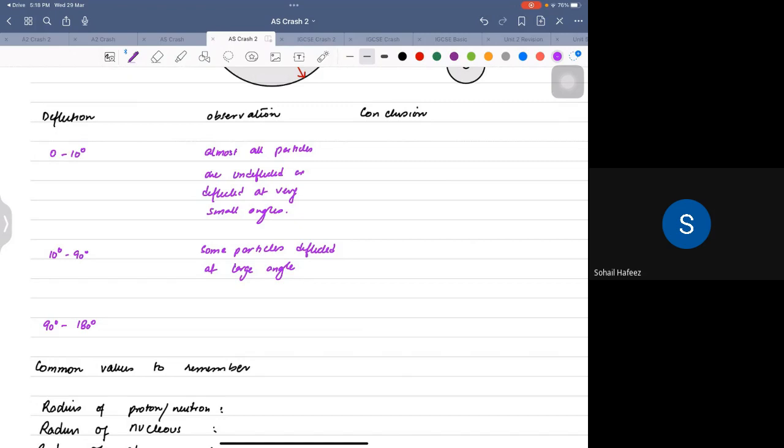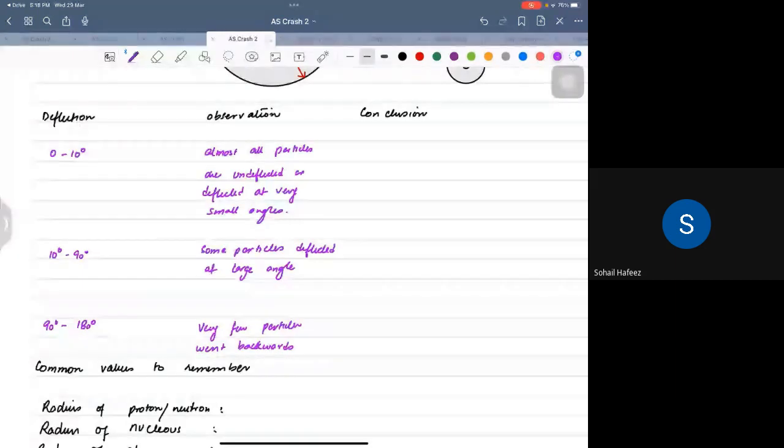Now, for 90 degrees to 180 degrees, very few particles went backwards. And when you say very few particles went backwards, that means about one particle out of 8,000.